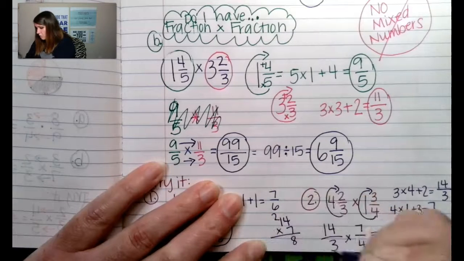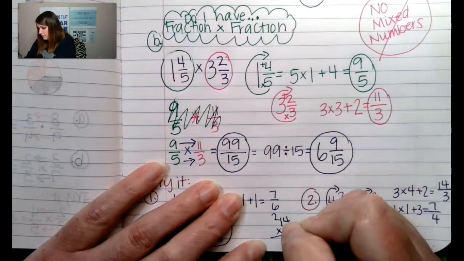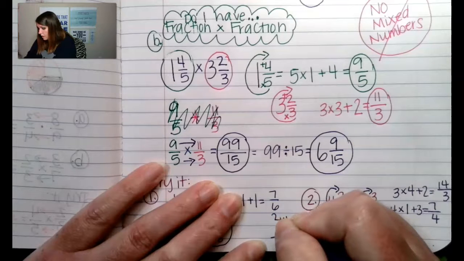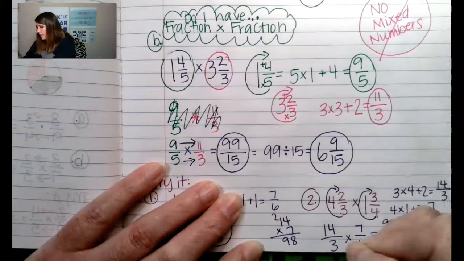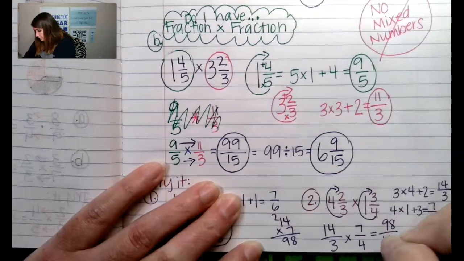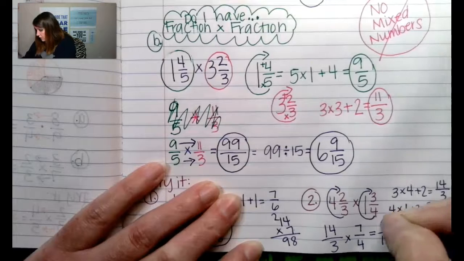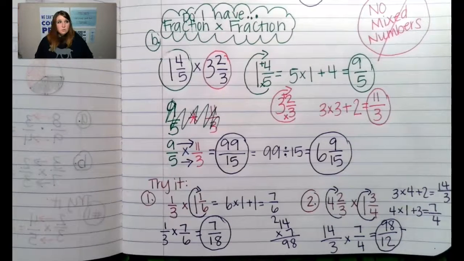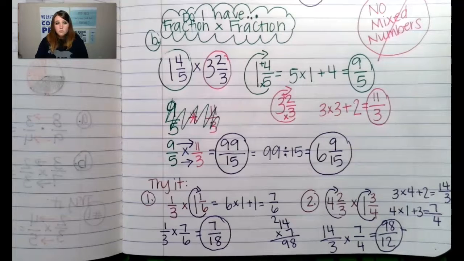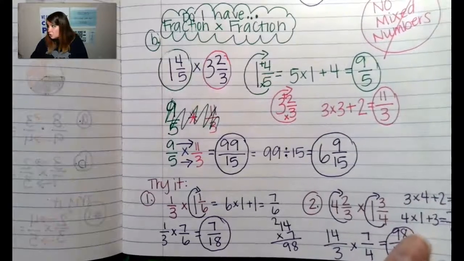Okay, much better. Okay, 7 times 14 is 98. That's way better. And 98, and this one's 12. Okay, we're going to stop at it right there. I do not want to reduce that. If you wanted to reduce it, you totally could reduce it if you wanted to go for it, but you don't need to.